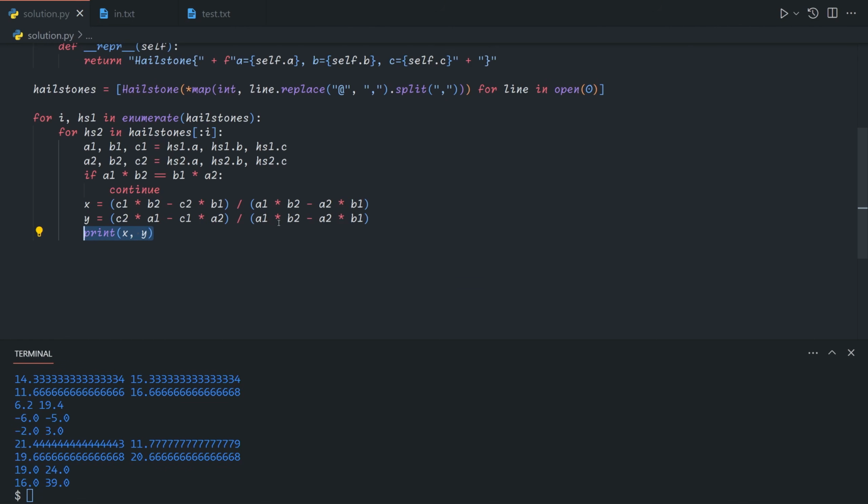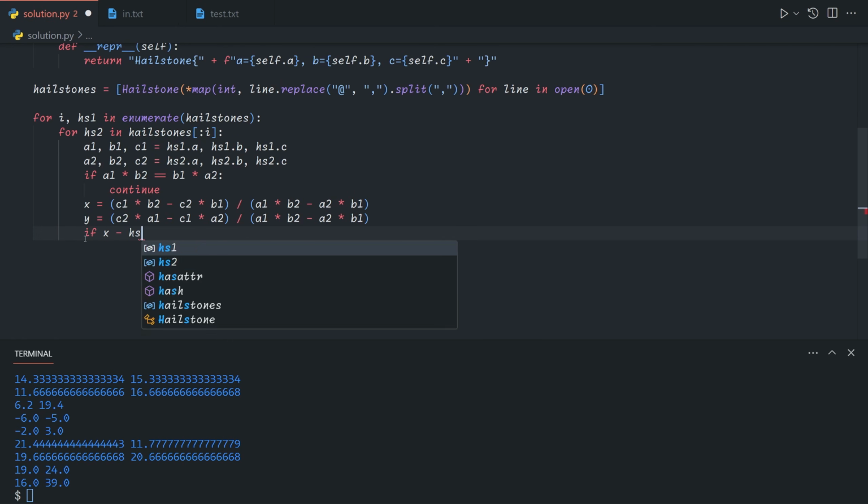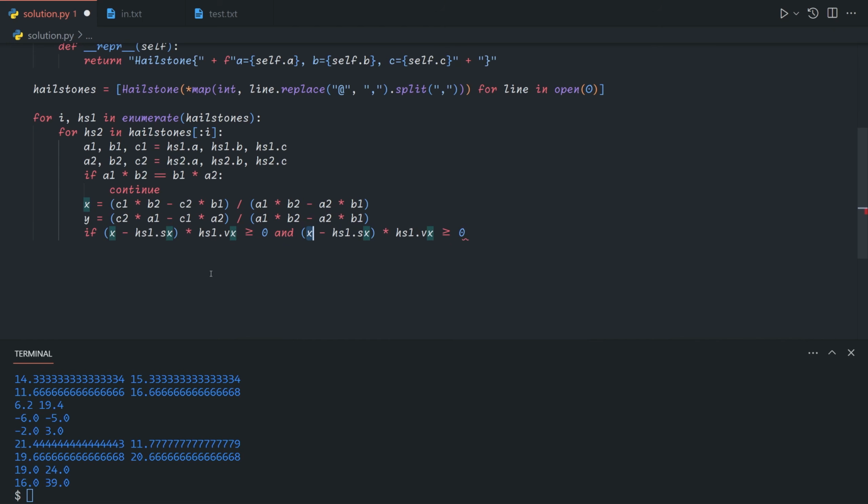And so to check that, we just say that x minus hs1.startx times hs1.vx must be greater than or equal to 0. And then we want to check this for all of the coordinate values. So this also needs to be true for y, and this also needs to be true for z.